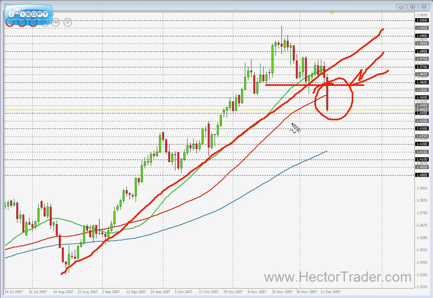Therefore, just as we saw before with the bulls panicking, these new short positions speed up the drop in price, and usually what you see is quite heavy momentum. Once the breakout is confirmed, what we see is a massive acceleration against the trend, or what had been the trend.